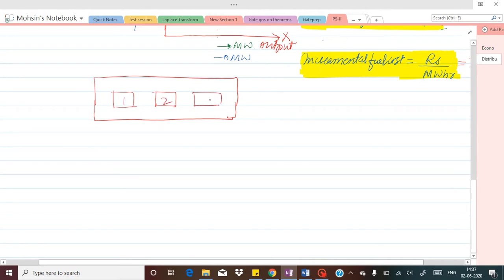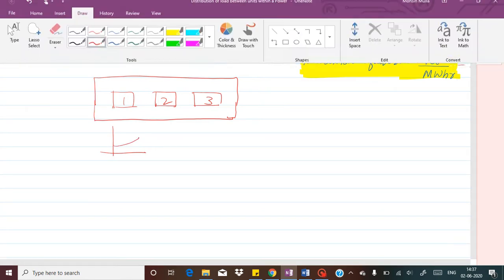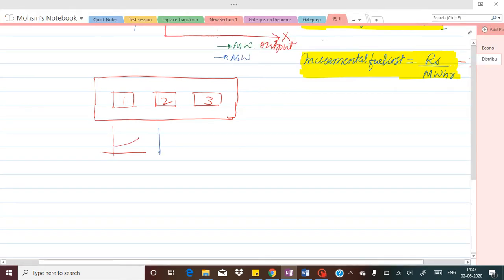So 1, 2, 3. In that case there will be a different curve for this, a different curve for the second unit like this, and for the third unit also there will be a different input output curve.